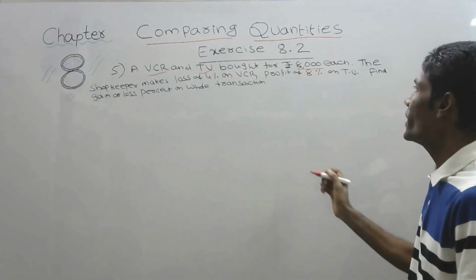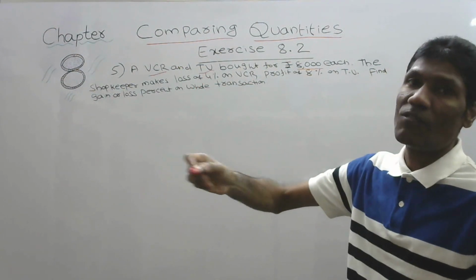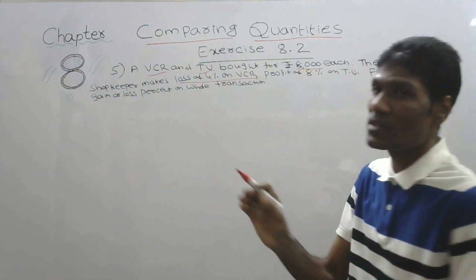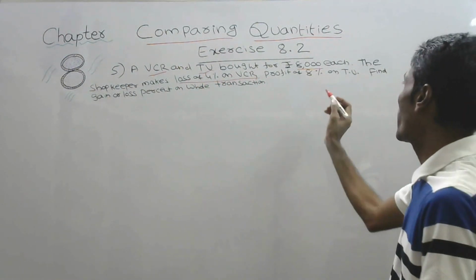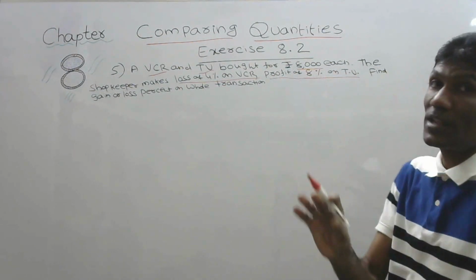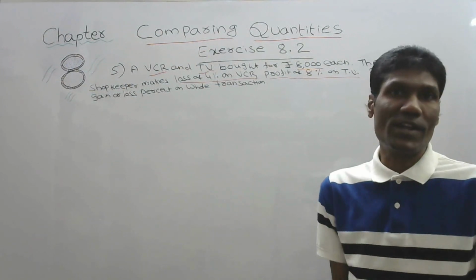Then he sold them. While selling the VCR he got a 4% loss and an 8% profit on the TV. That means the selling prices are different.